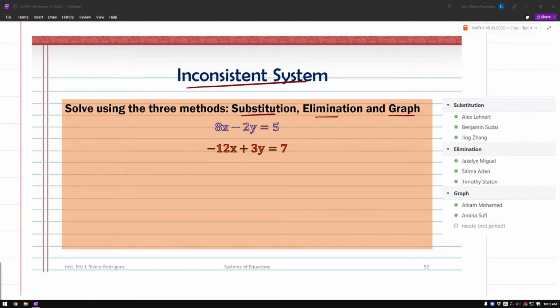And now elimination group, Jacqueline, Salma, Timothy. What did you find? I like that answer. Salma, did you say that? There's no solution? And what answer did you find?